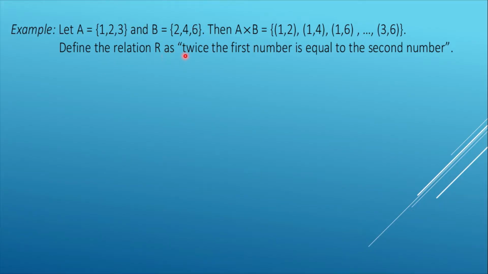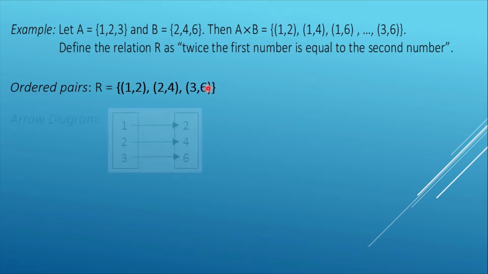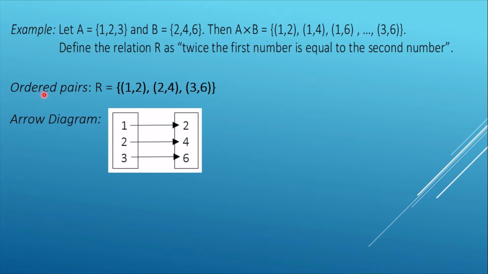Define the relation R as twice the first number is equal to the second number. Okay, so we have (1, 2), (2, 4), (3, 6). So that's in ordered pairs. Notice 1 times 2 would be 2, 2 times 2 would be 4, 3 times 2 would be 6.